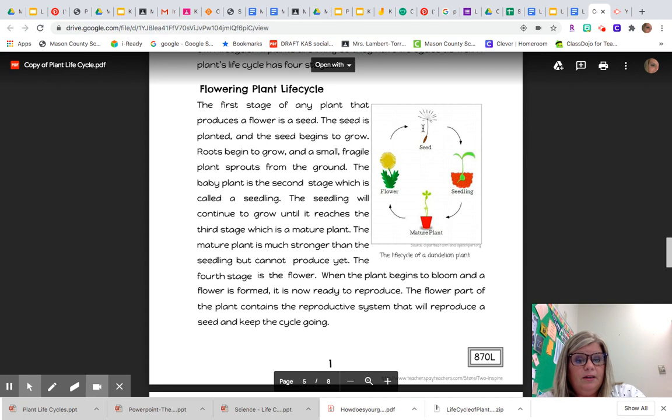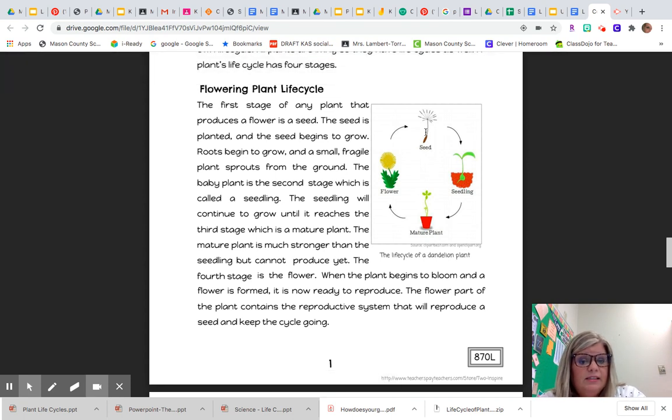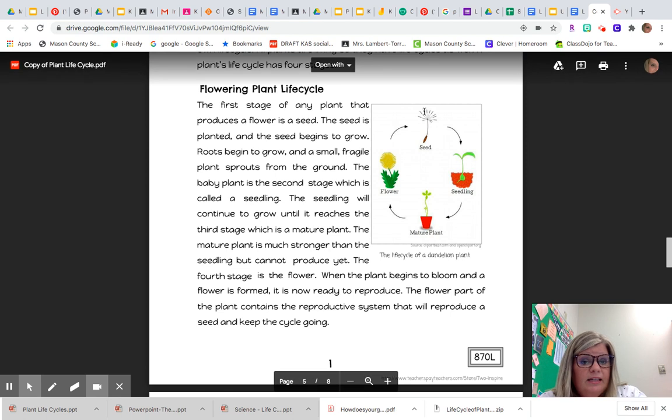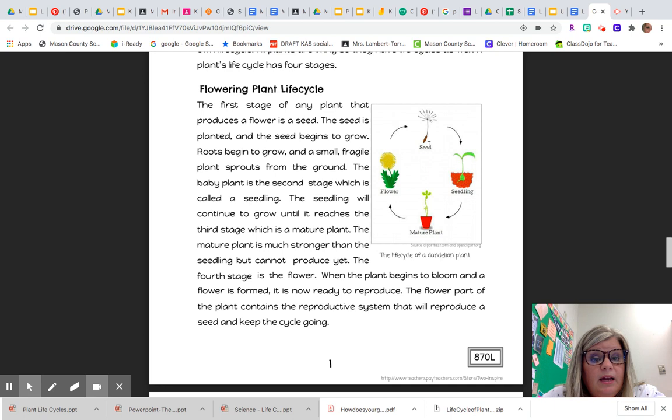So if you look up here at this image, first you have a seed, and this is a dandelion. And dandelions, the way they get around and are able to grow is through the wind. So here's our seed. When it hits the ground and gets under the soil, it starts to grow, and this is called a seedling.